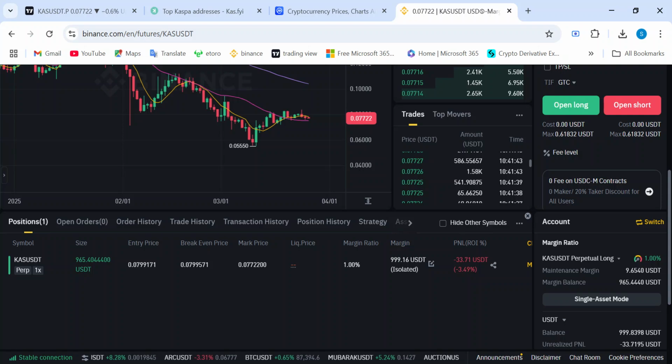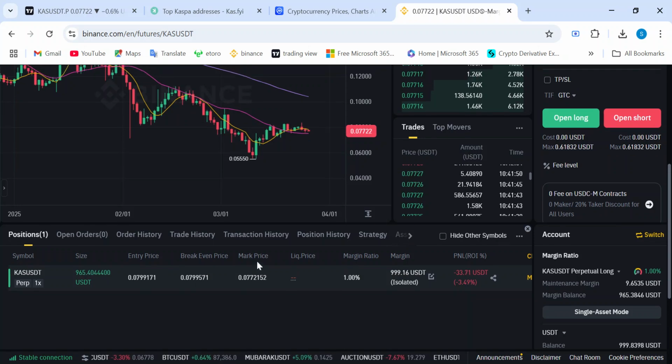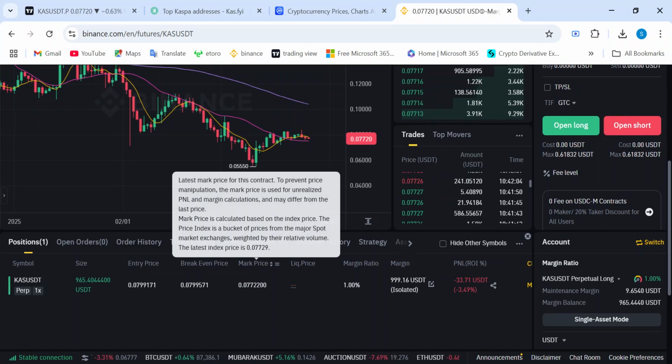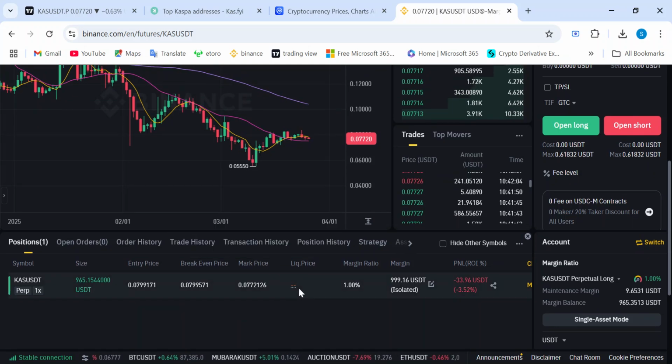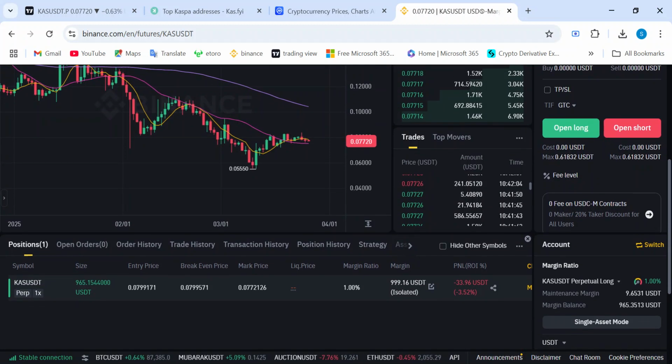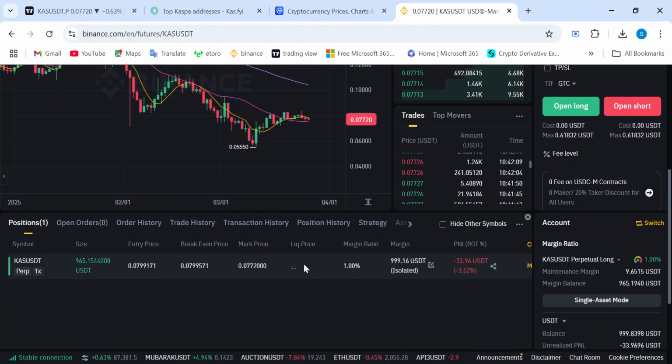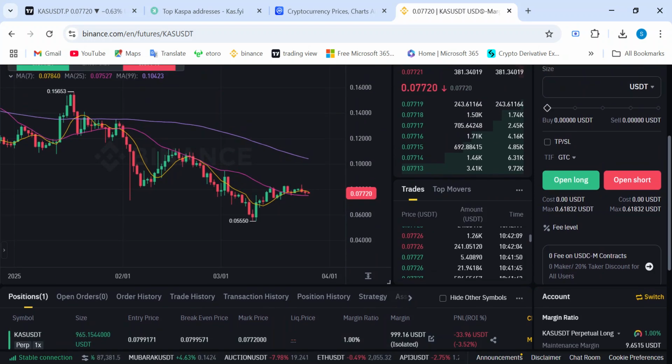This is not a spot wallet. So this is my position. My average price is 0.0799. I had two separate purchases, one of them at 8 cents. So right now I am a little bit minus with my position, 3.5%.